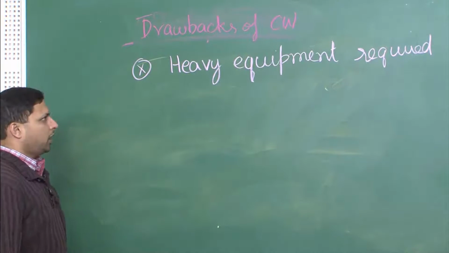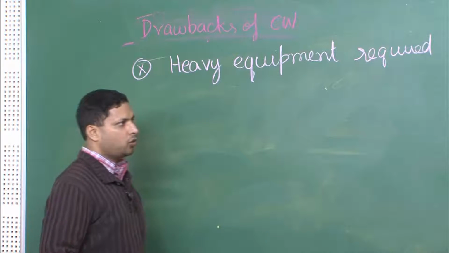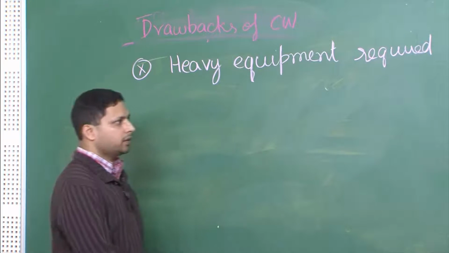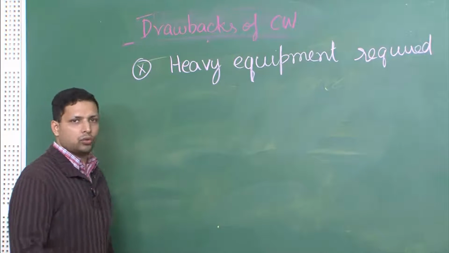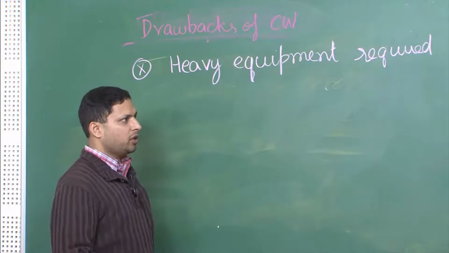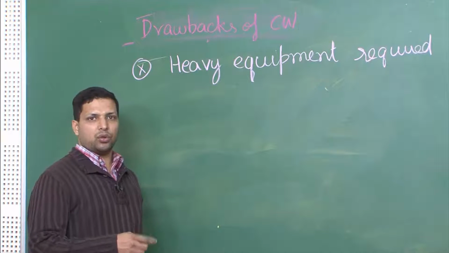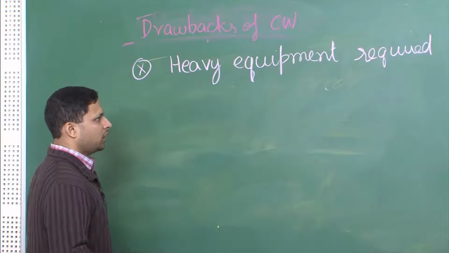You need heavy equipment because the load requirements are high for cold work, as no recrystallized grains are forming. You have to keep increasing the load as the material gets deformed further and further.